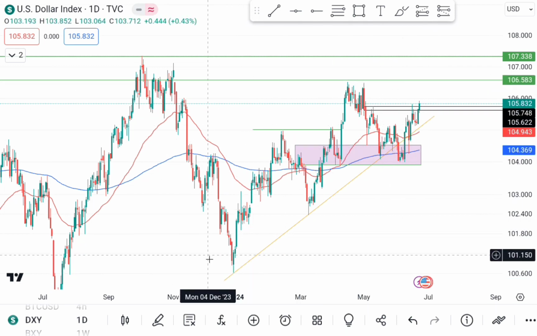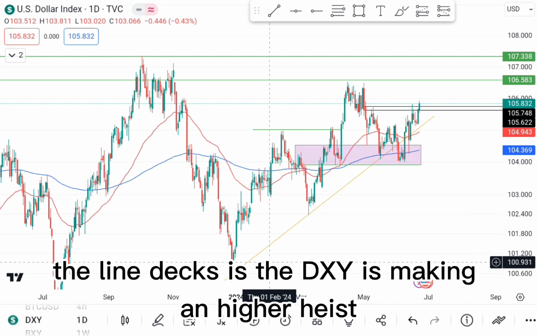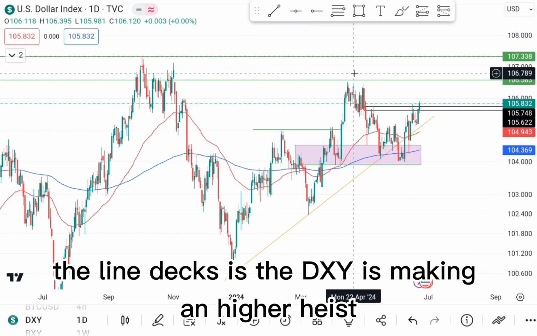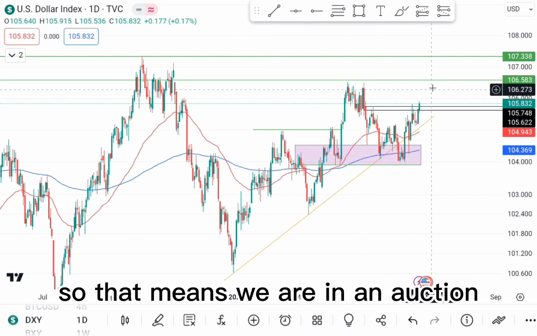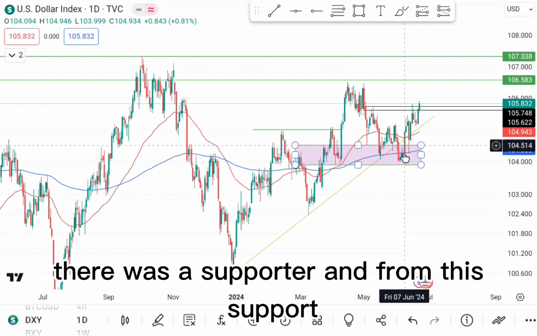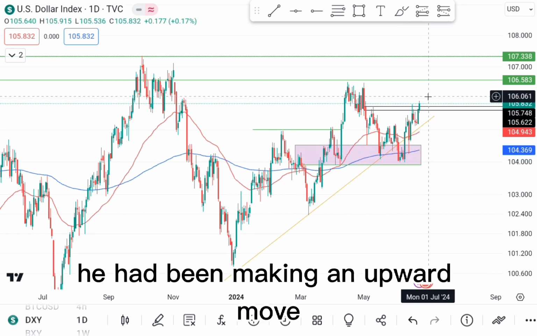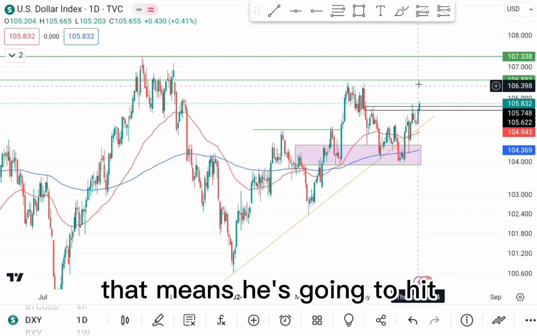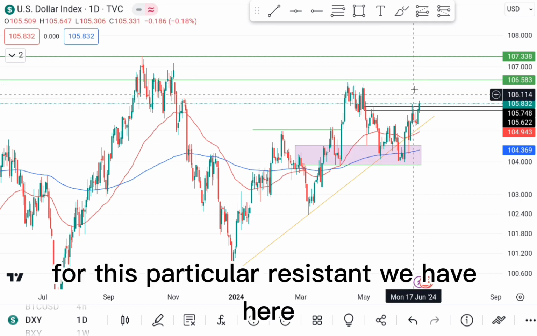The dollar index, the DXY, is making higher highs. So that means we are in an uptrend. And if you look at this particular place, there was a support here, and from this support, it has been making an upward move. That means it's going to aim for this particular resistance we have here.